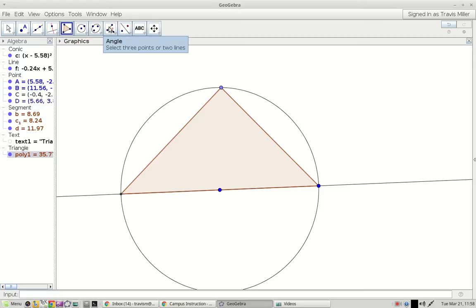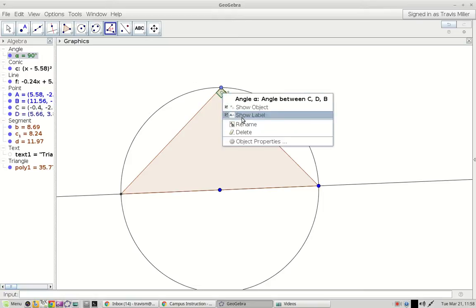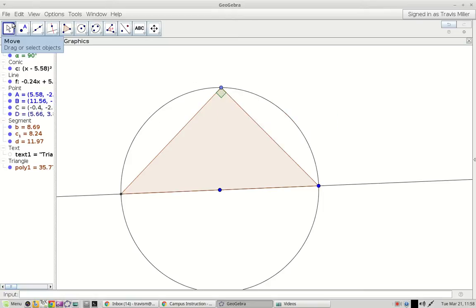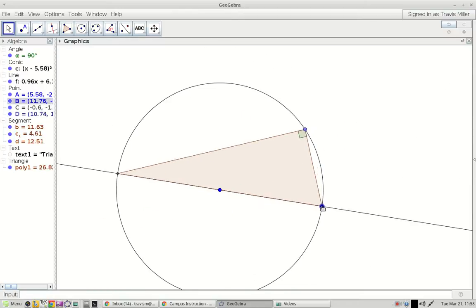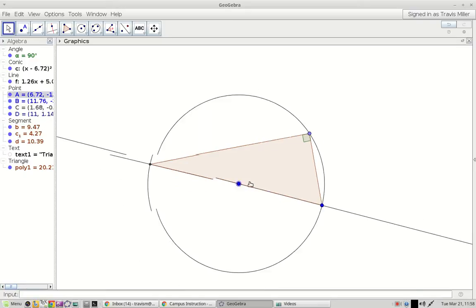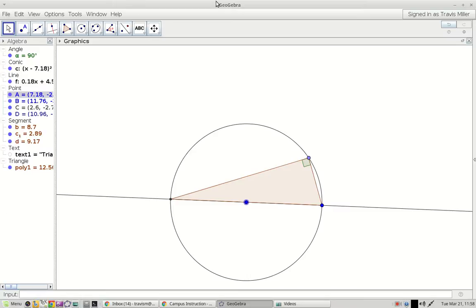Now, if you measure this angle, it is 90 degrees no matter where it lies on the circle, no matter how big my circle is. So, it passes the wiggle test.